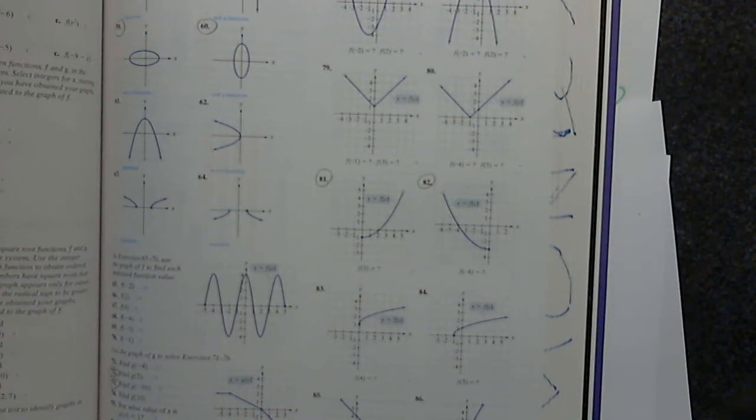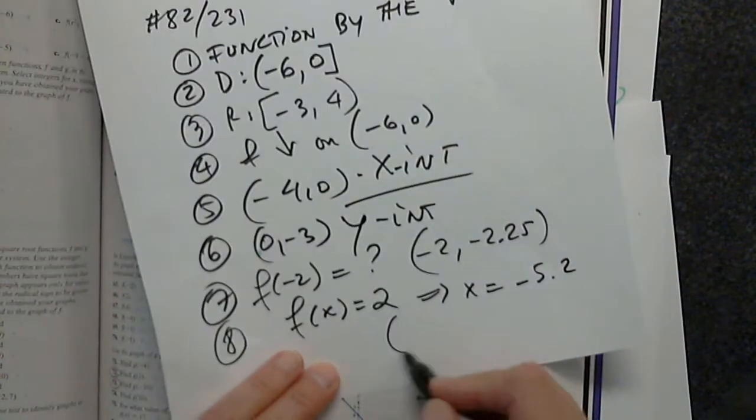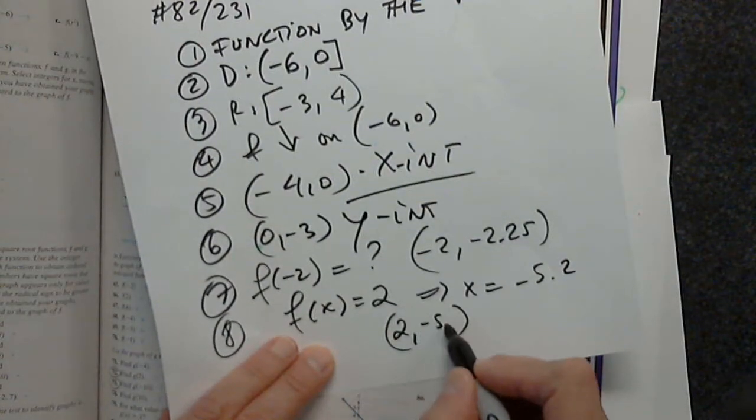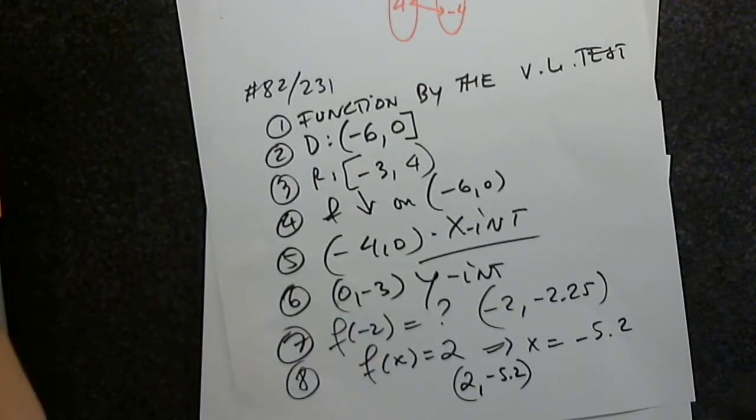It hits the graph right here, and I would be reading the x value. It's not exactly -5, since it's slightly to the left of -5. So the answer would be f of x equals 2 implies x equals -5.2, and the ordered pair is (-5.2, 2).